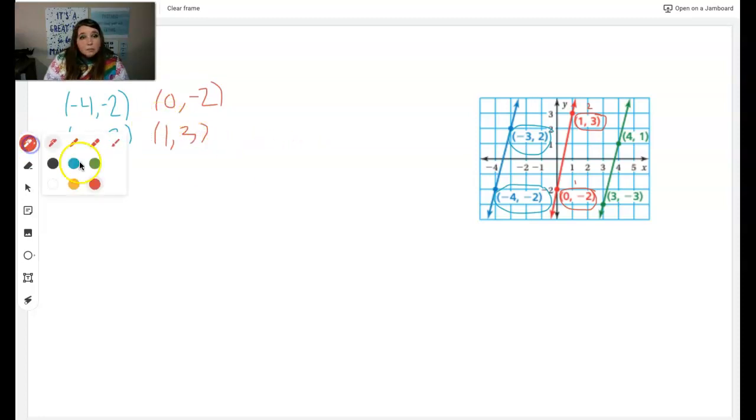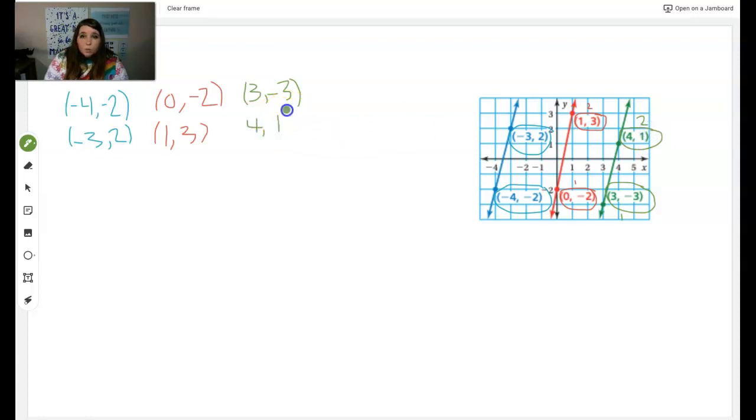The last line we're looking at is the green line. The first point here is (3, -3), and the second point that they give us is (4, 1).